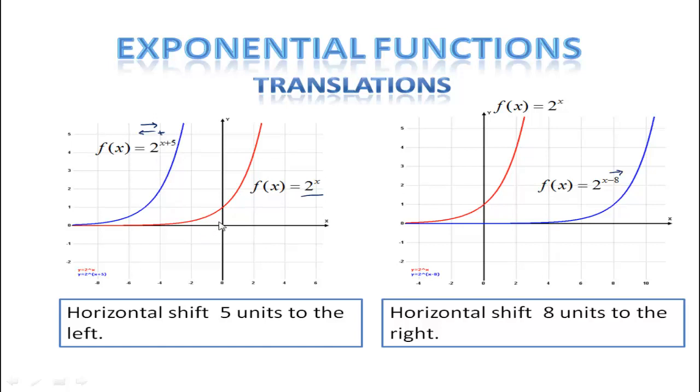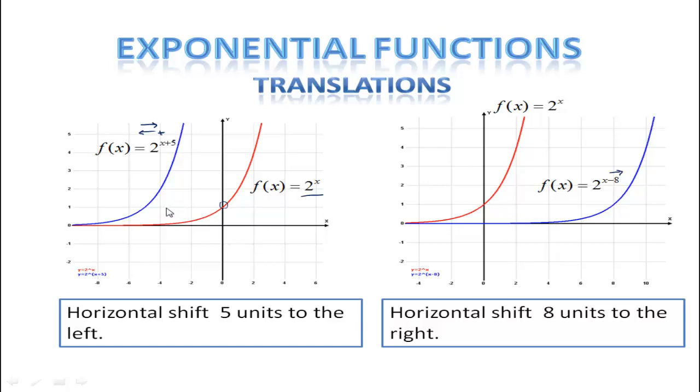And what does that mean? Well, it's easier for this function to look at the y-intercept. The y-intercept will move 5 units to the left, okay? And this graph, if you notice, here are the values for my x-axis. They're increasing in numbers of 2. This is 2, this is 4, this is 6, okay? So here's my y-intercept. I'm going to move it 5 to the left.